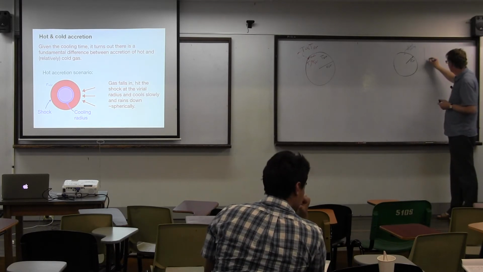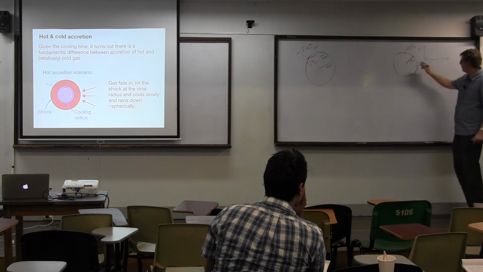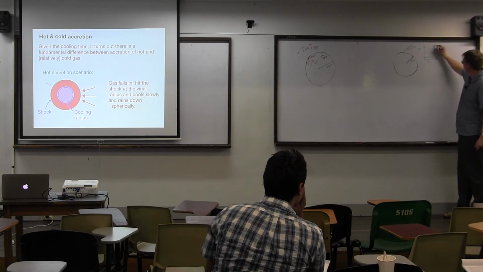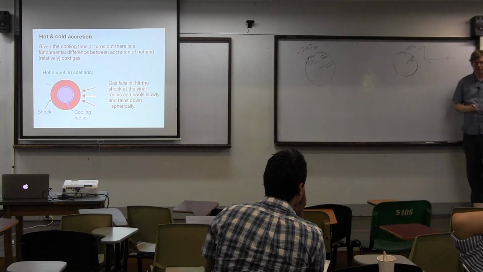So if, as a function of radius and temperature, it starts out at low temperature, then it hits R_vir, it jumps up in temperature, and then maybe at some point it will start cooling down. But it jumps up a lot in temperature and stays there.